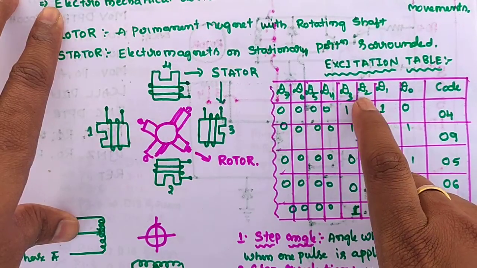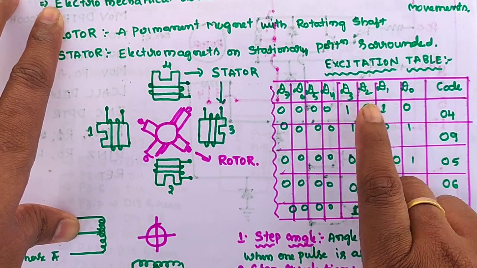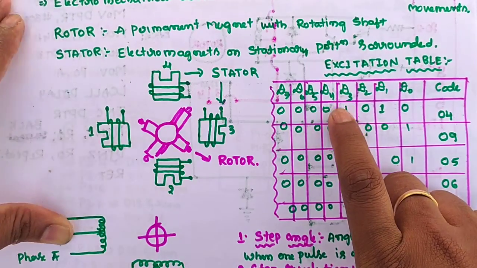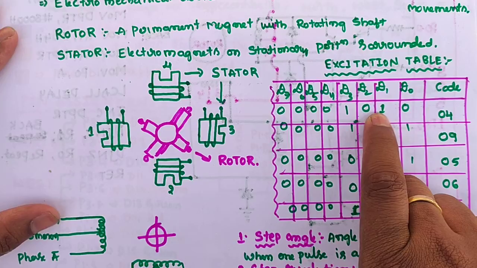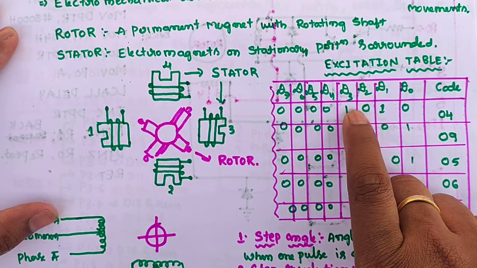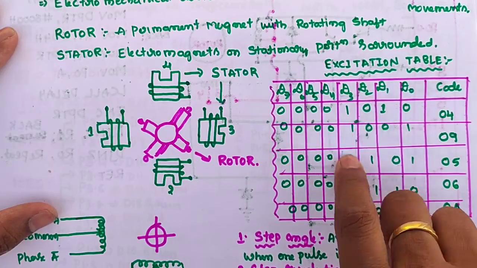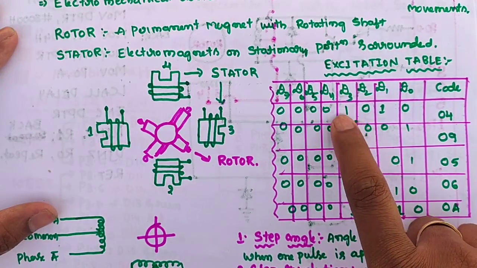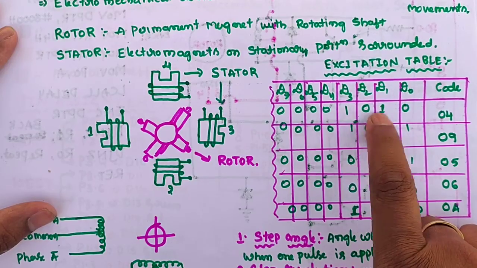D0, D1, D2, D3 are the four electromagnetic coils. I am going to energize D3 and D1, and this makes one step of rotation, while D2 and D0 are made 0. That is, the two phase stepper motor is energized by giving electrical pulses to D3 and D1.